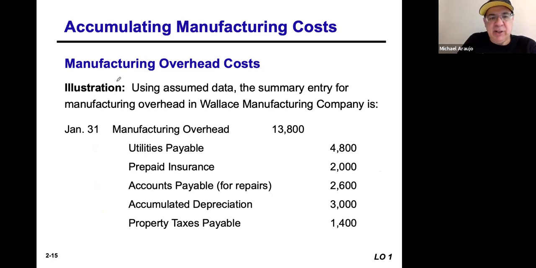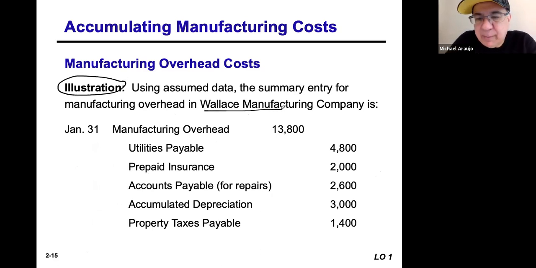So here's the illustration back to Wallace in our wonderful world of Wallace Manufacturing Company. At the end, and this is just assumed data, they didn't show it to you in the book, it's just thrown at you for the sake of this. So here at the end of January, the end of this period of time, they have debited manufacturing overhead.